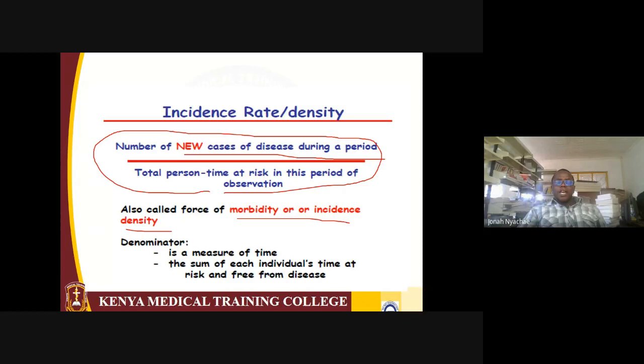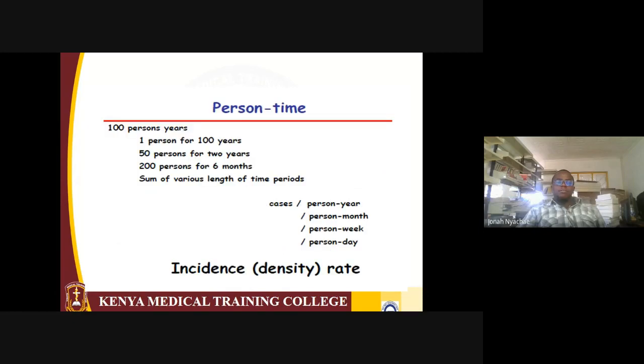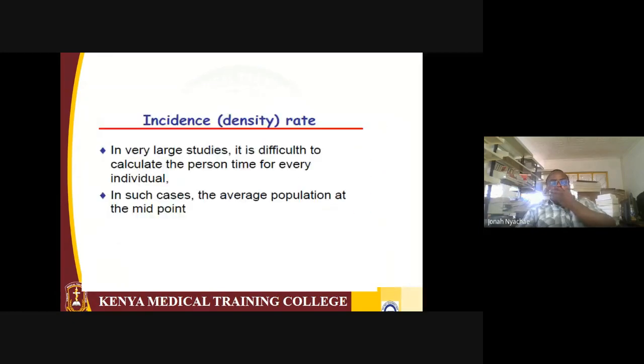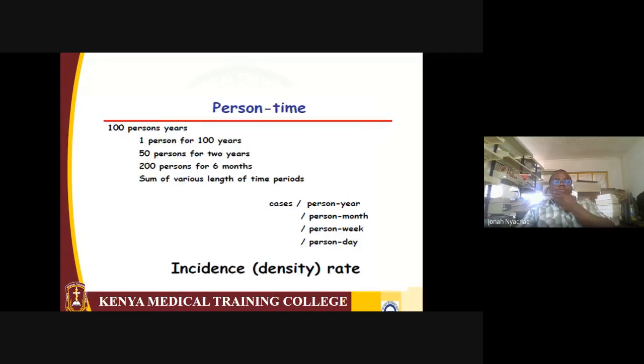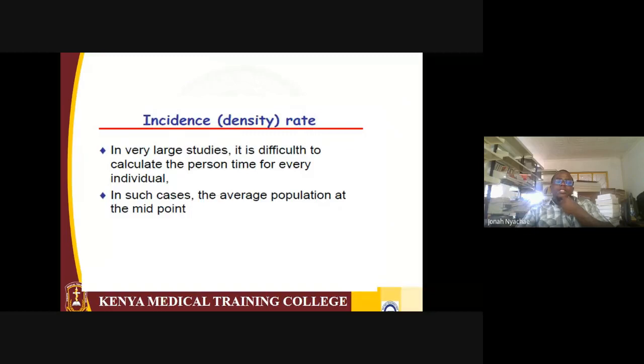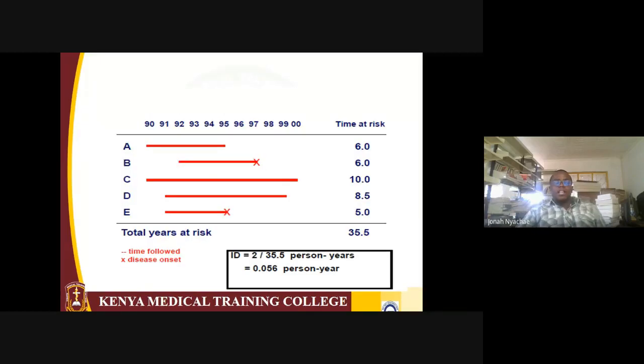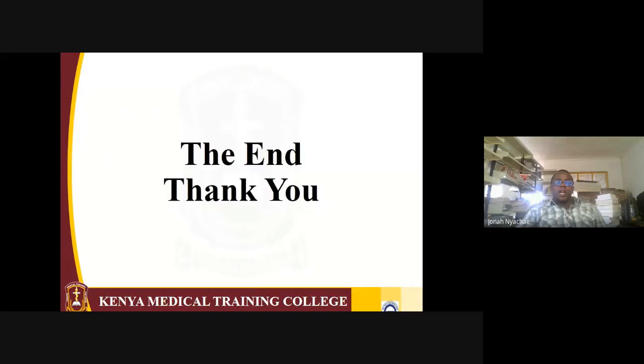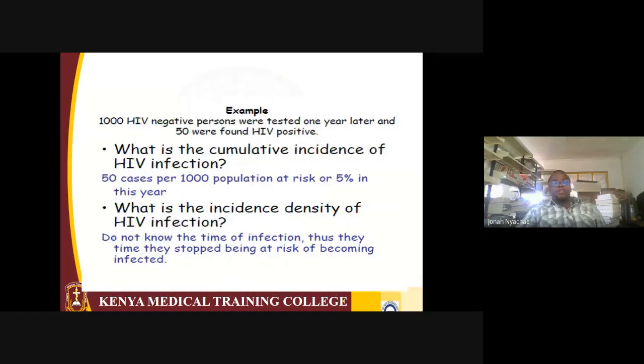So the denominator here is the measure of time and the sum of each individual free who are at risk from the disease. There is one other that I don't want to bother you much to understand at this time, but you can review it in your free time.